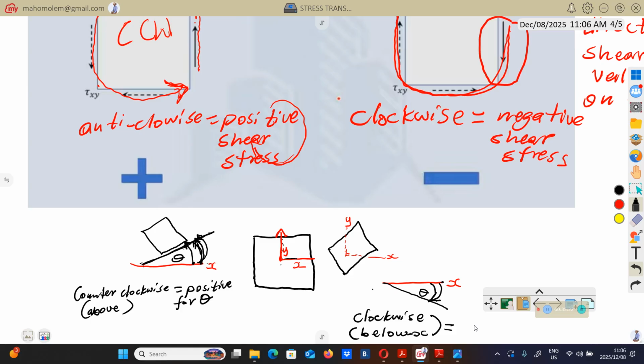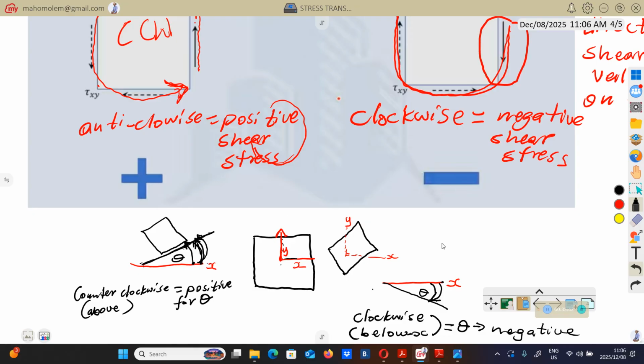We are going to have the negative theta. The theta will be negative. So that's how you'll determine the direction of theta.